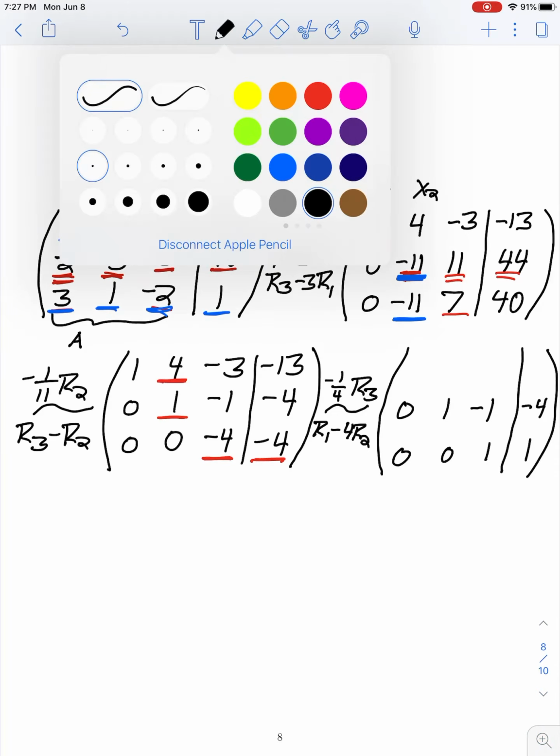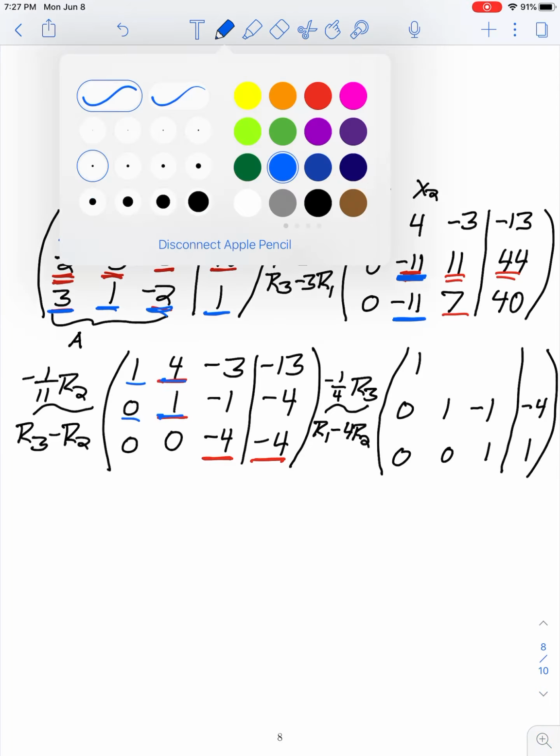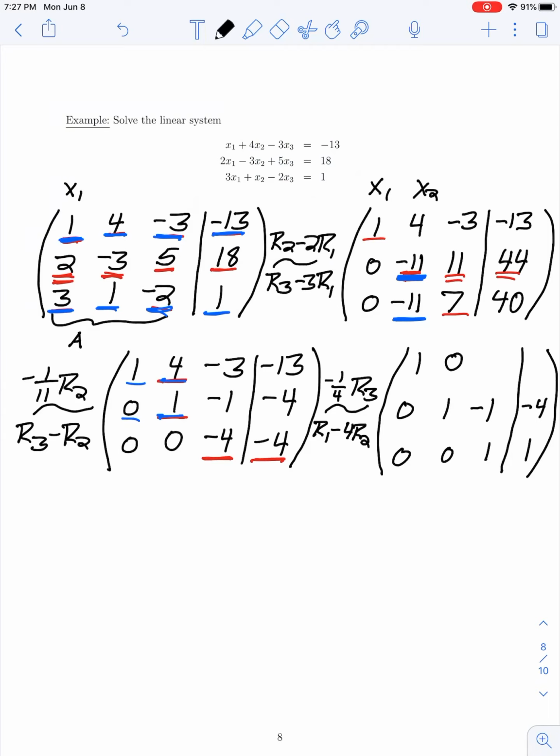We would have a constant 1 minus 4 times 0 is still 1. We would have a 4 plus our negative 4 leaves us the 0 that we wanted for that second column, first row.